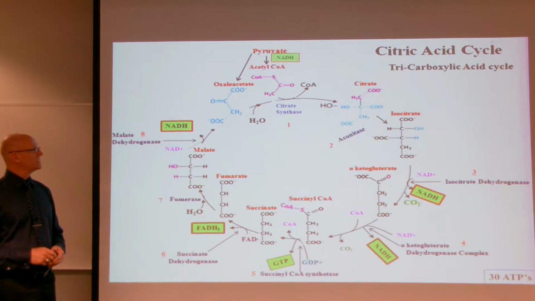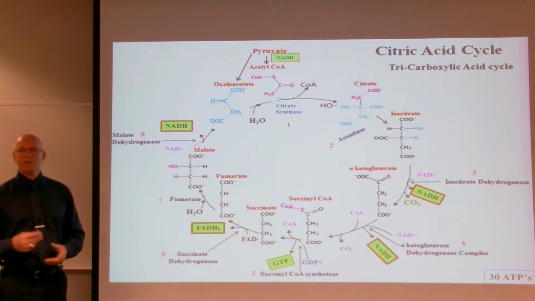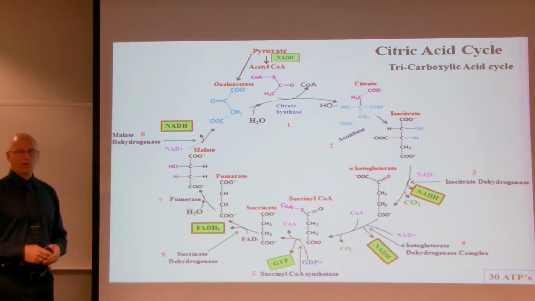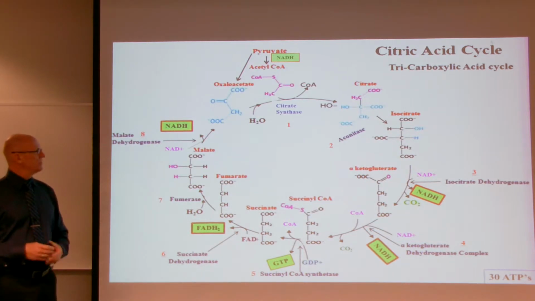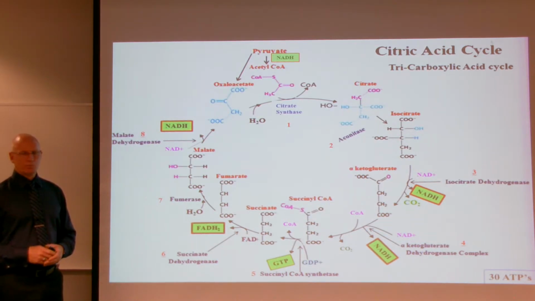And citrate is acidic because it has three carboxyl groups on it, which is where we get two of its names, the citric acid cycle or the tricarboxylic acid cycle. There's another name, the Krebs cycle, named after Hans Krebs. He was a Jewish German citizen who elucidated this mechanism, and he ended up fleeing Germany prior to World War II.